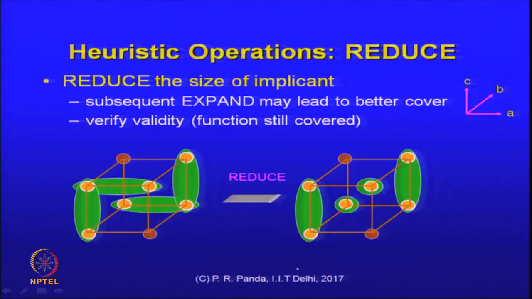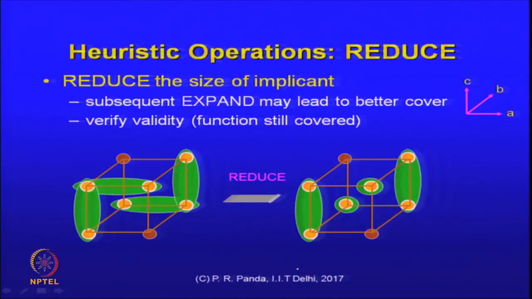Reduce is the reverse, you are reducing the size of the implicant. Reduce here refers to the region that the implicant covers in that space. The way this comes about is you add a variable to that cube, of course. The smaller the size of the cube in terms of the number of literals that are there in it, the larger the space that it occupies.